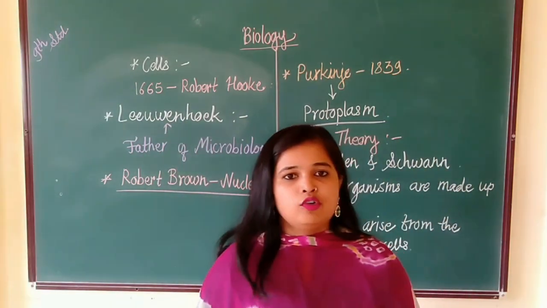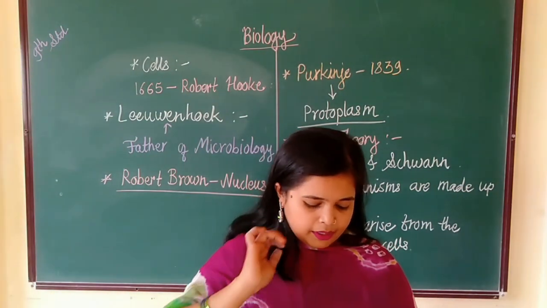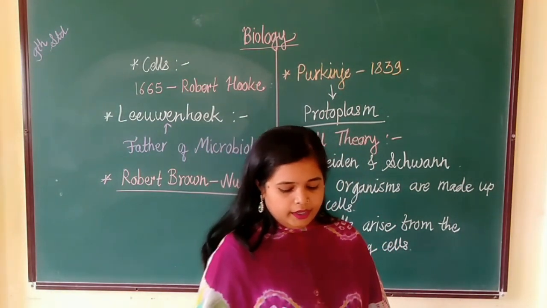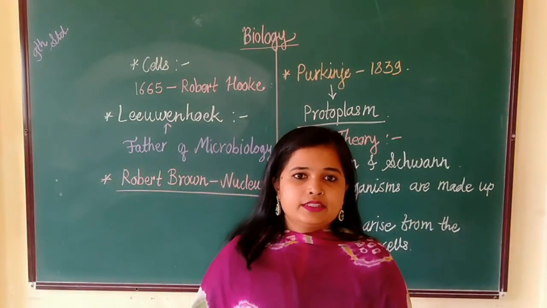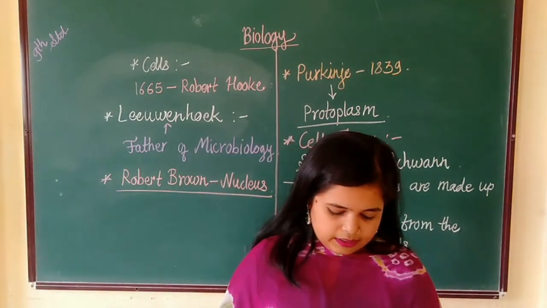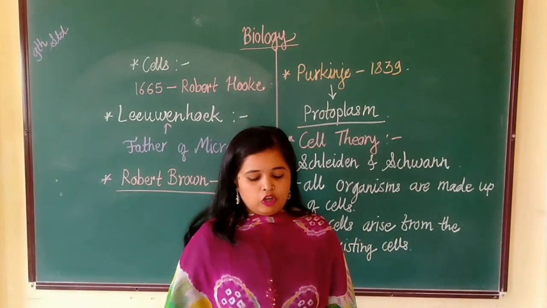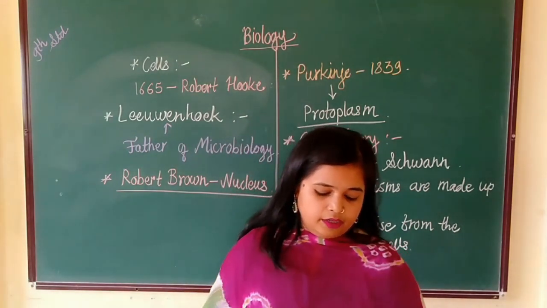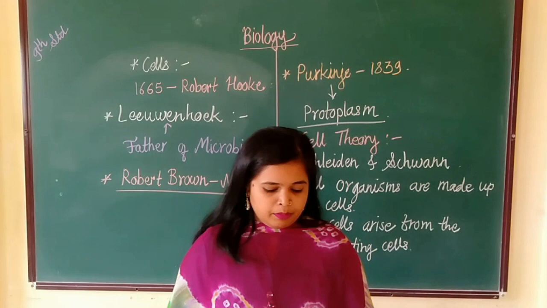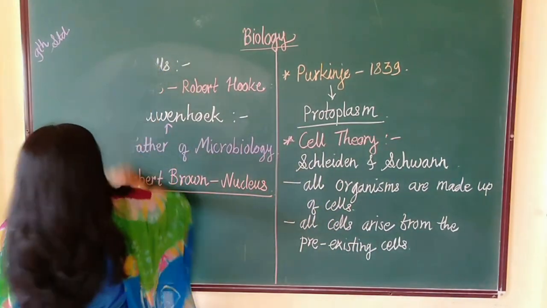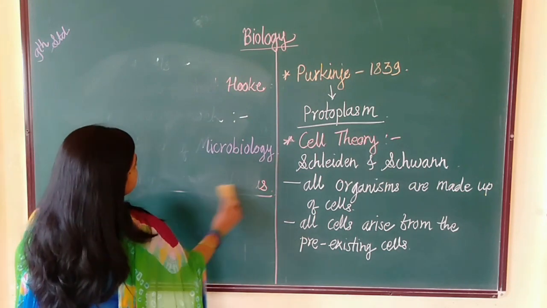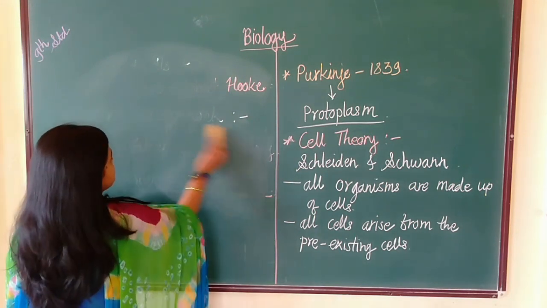The cell theory was further expanded by the scientist Virchow in 1855. He suggested that all cells arise from pre-existing cells. With the discovery of the electron microscope in 1940, it was possible to observe and understand the complex structure of the cell.